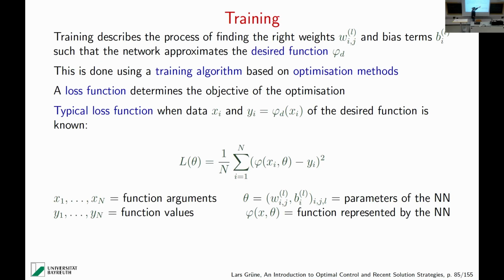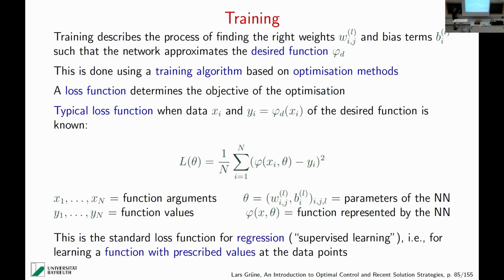And this term here simply penalizes the distance. Whenever phi does not coincide with yi, we get a positive term. If phi of xi coincides with yi, we get 0. So the minimum of this function is the function phi, which is in the least square sense closest to this function phi d here on the data set. That's what it does.